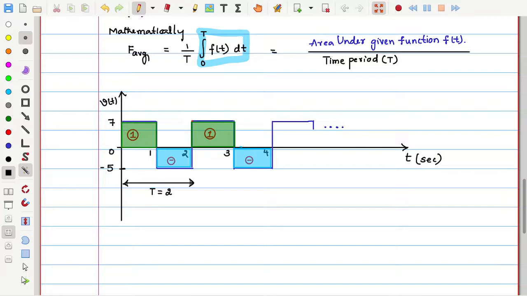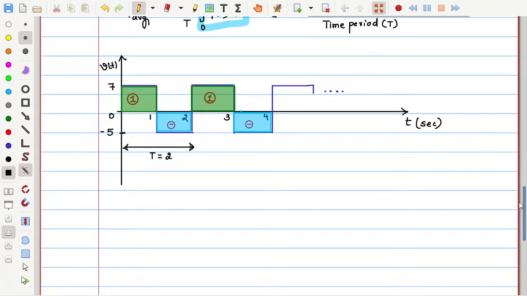So what we need additionally is how can I express this voltage function mathematically?